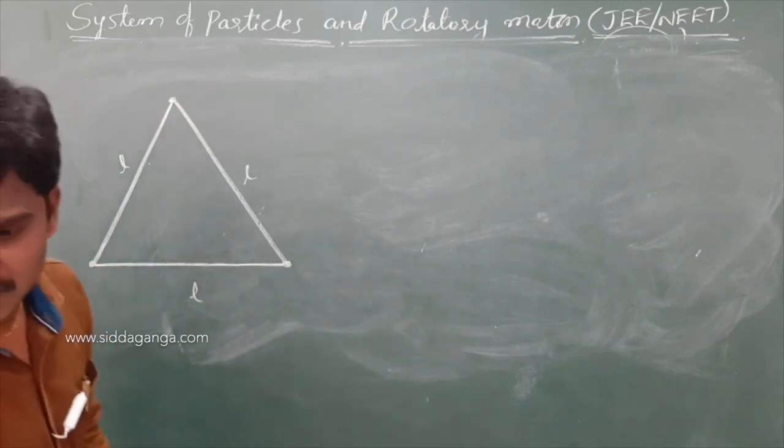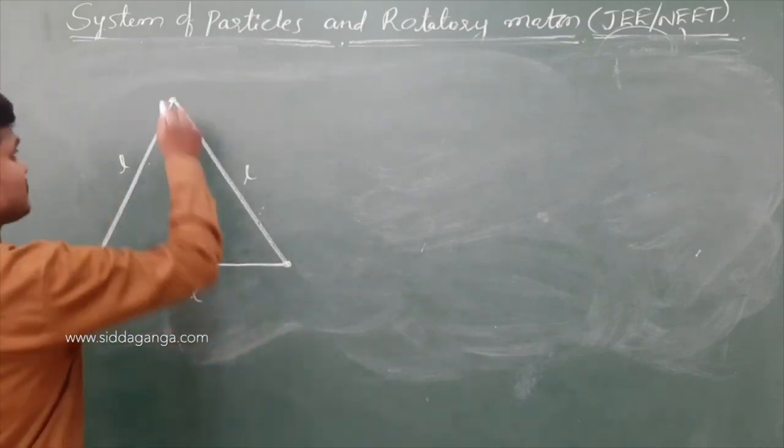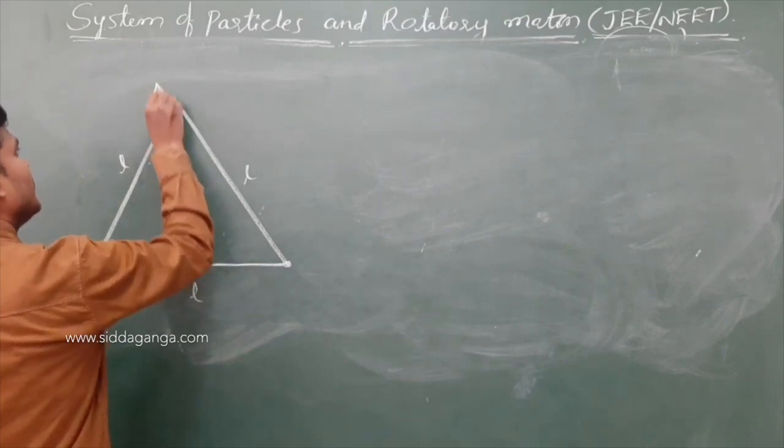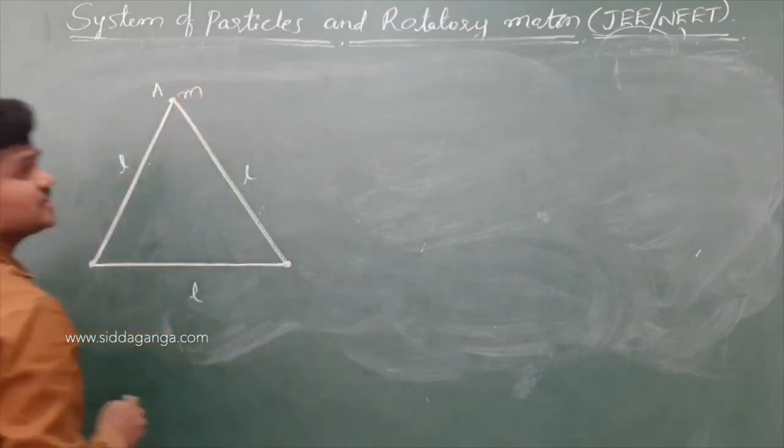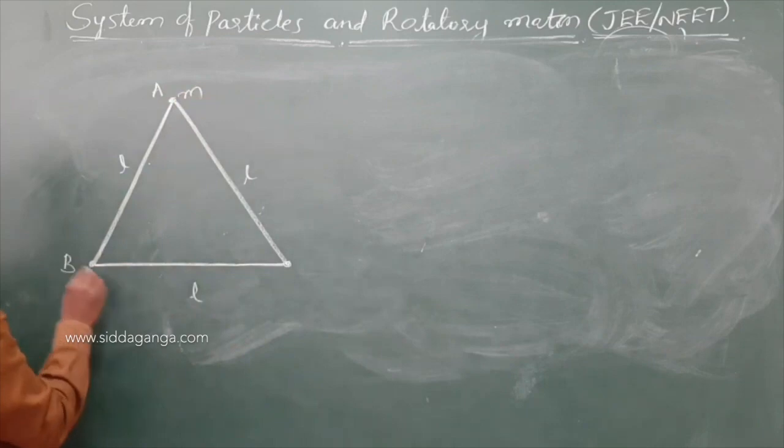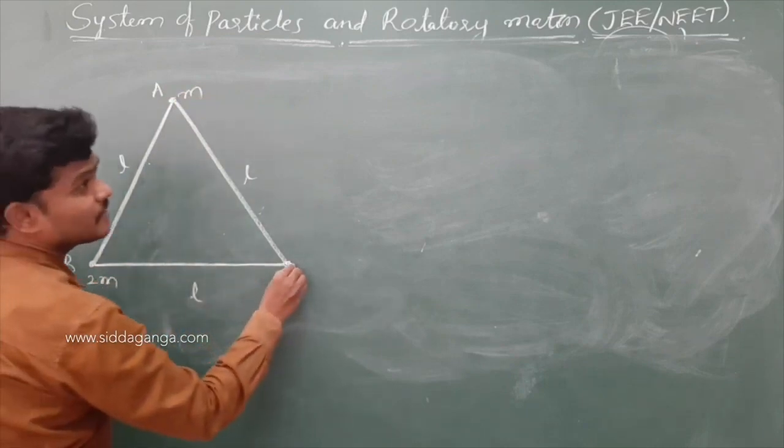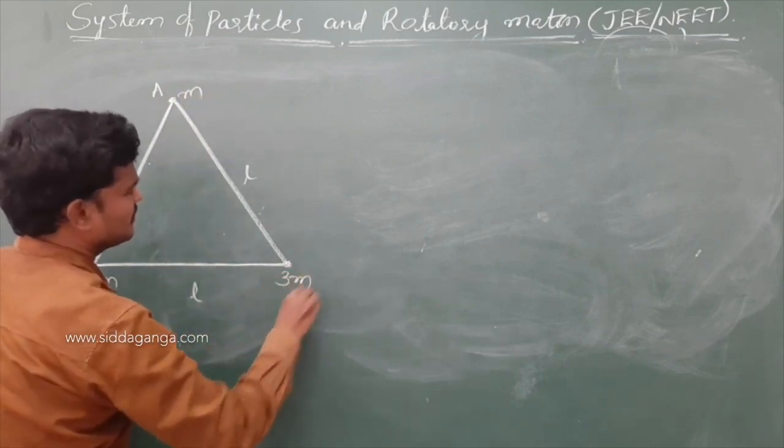Let us suppose at A the mass is m, at B the mass is 2m, at C the mass is 3m.